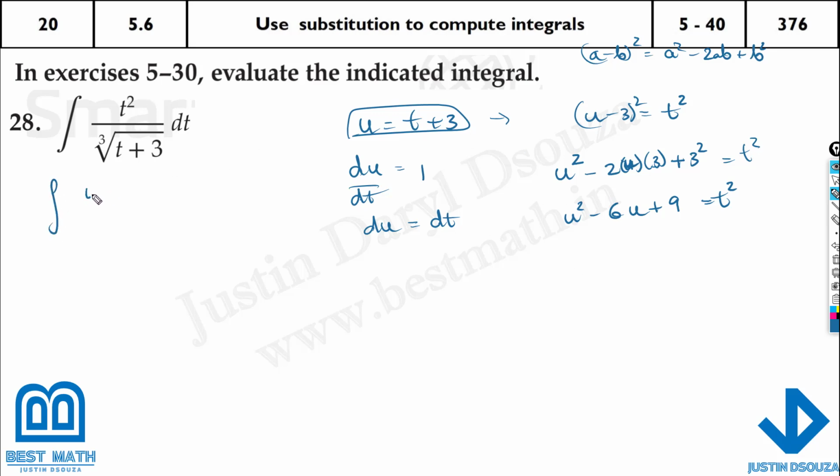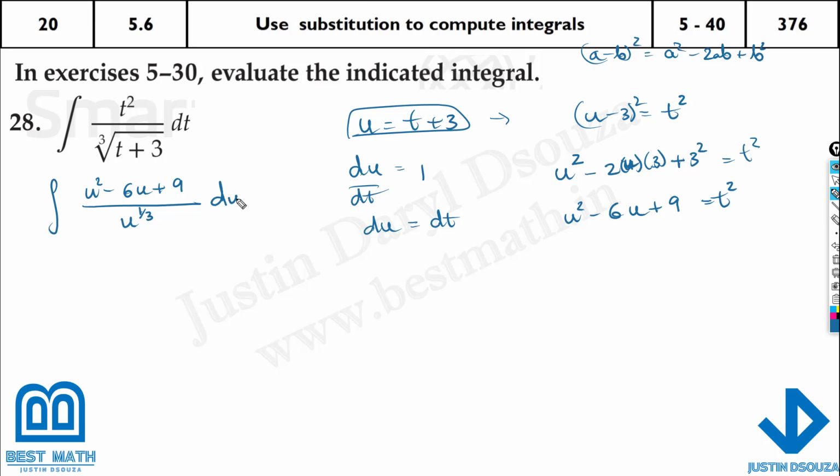It's the integration of u squared minus 6u plus 9 divided by the radical, whatever the entire thing is, u root 3. I'll write it as u to the power 1/3 because that is equal to the radical, since it's 1 divided by whatever is in the radical.